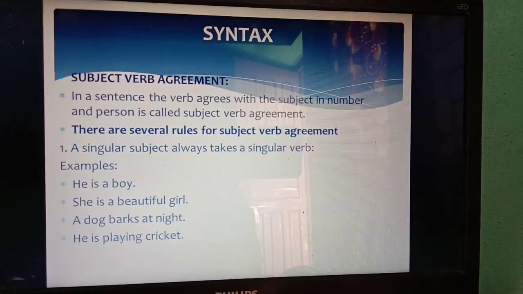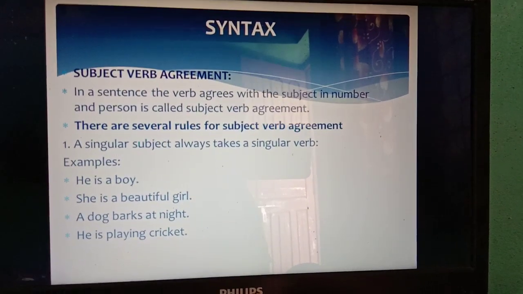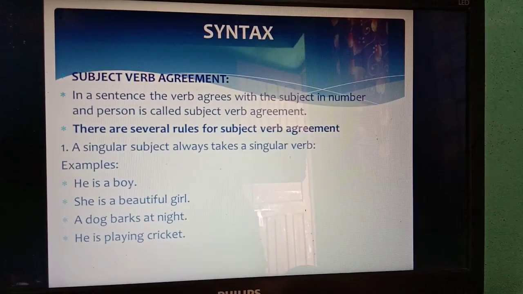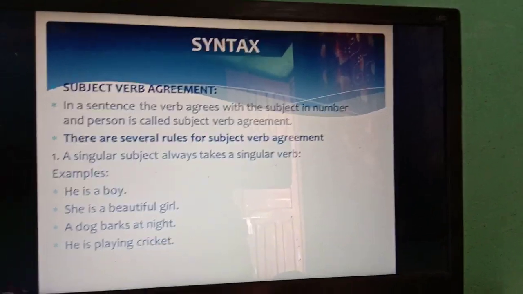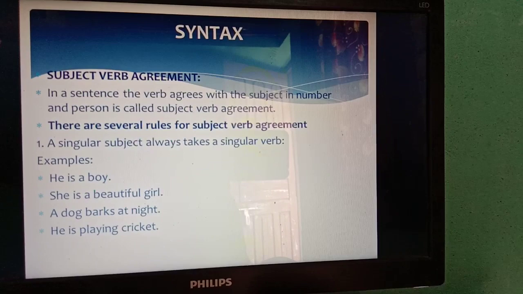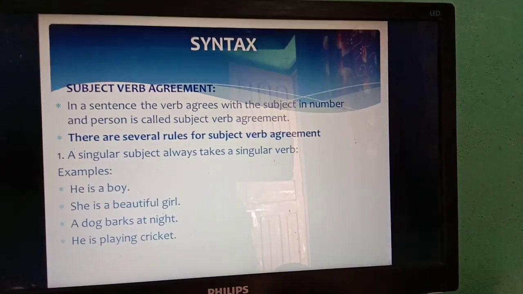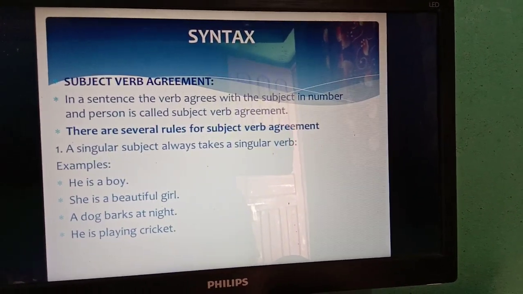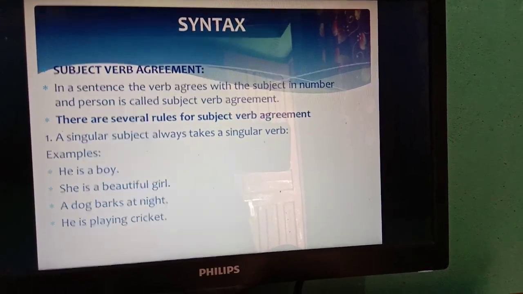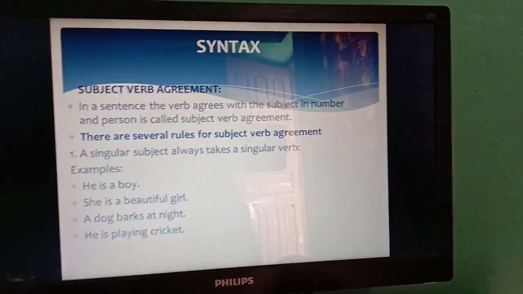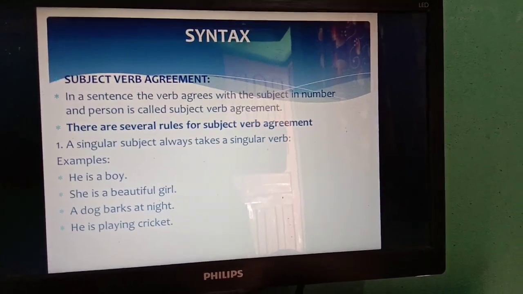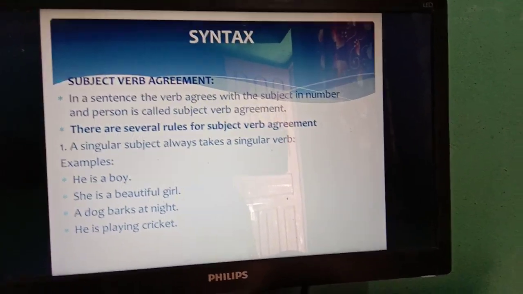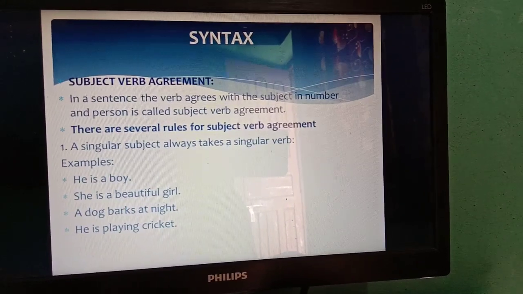Now before entering the second rule, I would like to say what are the numbers, the singular number and plural numbers. So these numbers are in three sections: first person, second person and third person. The first person singular number is I and plural number is we.